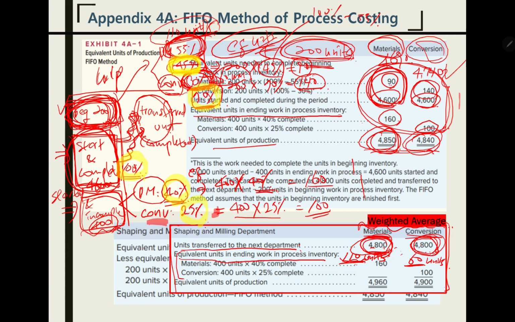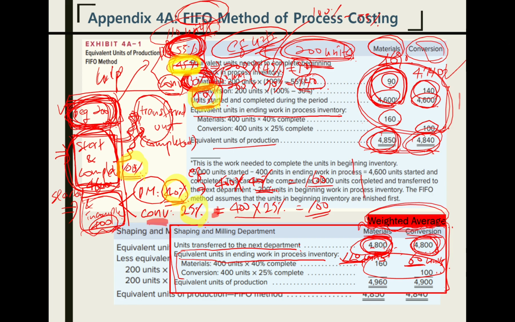So, and the ending inventory, the calculation is the same. However, the difference between the FIFO method and the weighted average method is what? Whether we trace out the beginning inventory's completion that is done in the prior period. Okay, we exclude these efforts that are already made in the prior period.